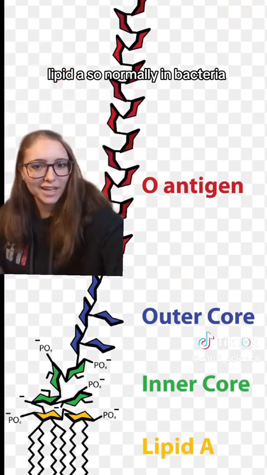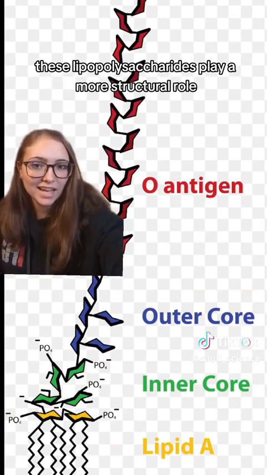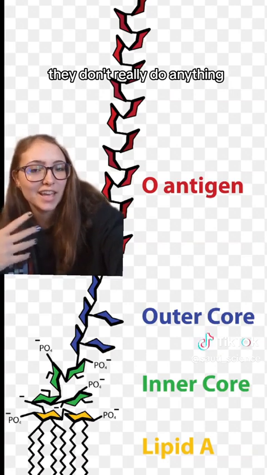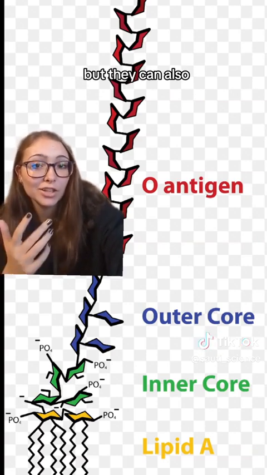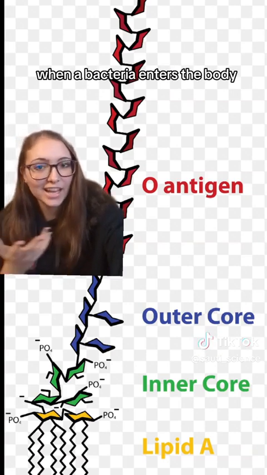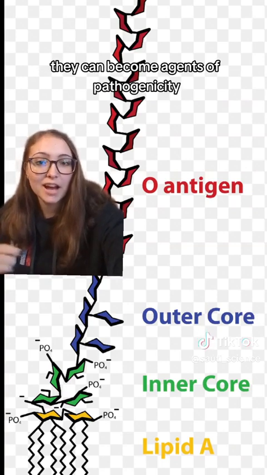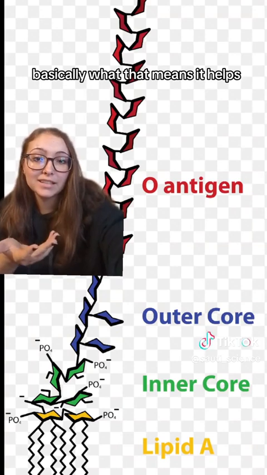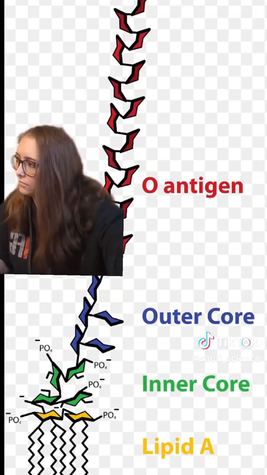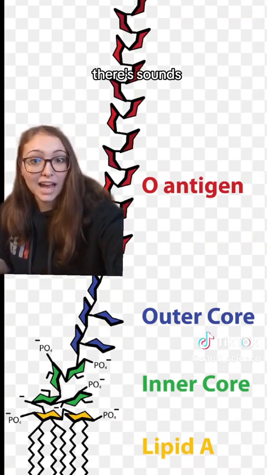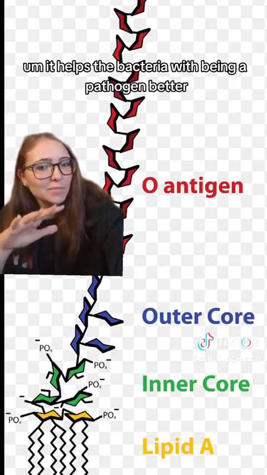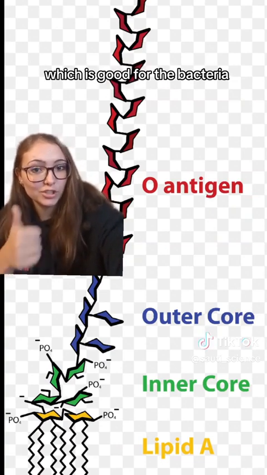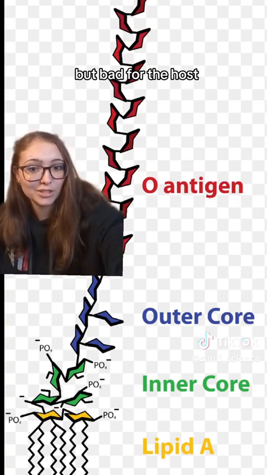So, normally in bacteria, these lipopolysaccharides play a more structural role. They don't really do anything, but when a bacteria enters the body, they can become agents of pathogenicity. Basically what that means is it helps the bacteria with being a pathogen better, which is good for the bacteria but bad for the host.